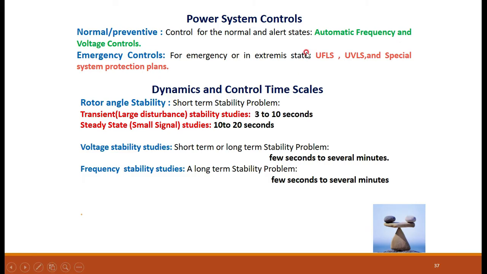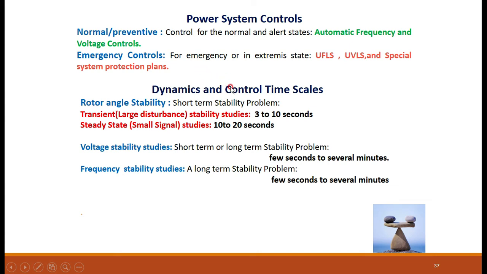In that case, you go for automatic frequency and voltage control as the control elements. Whereas in the emergency control, for the emergency or extreme state, UFLS, UVLS, and special system protection plans are used for bringing the system back to the normal state.